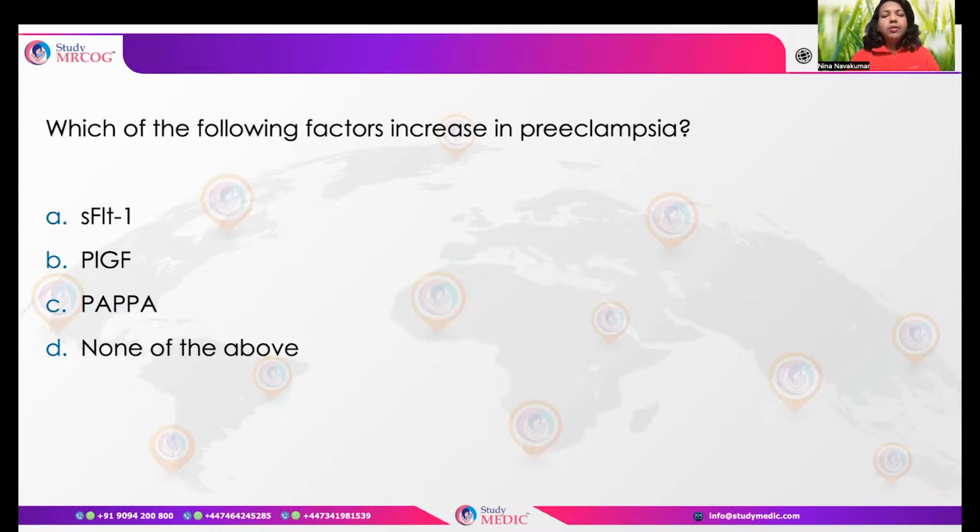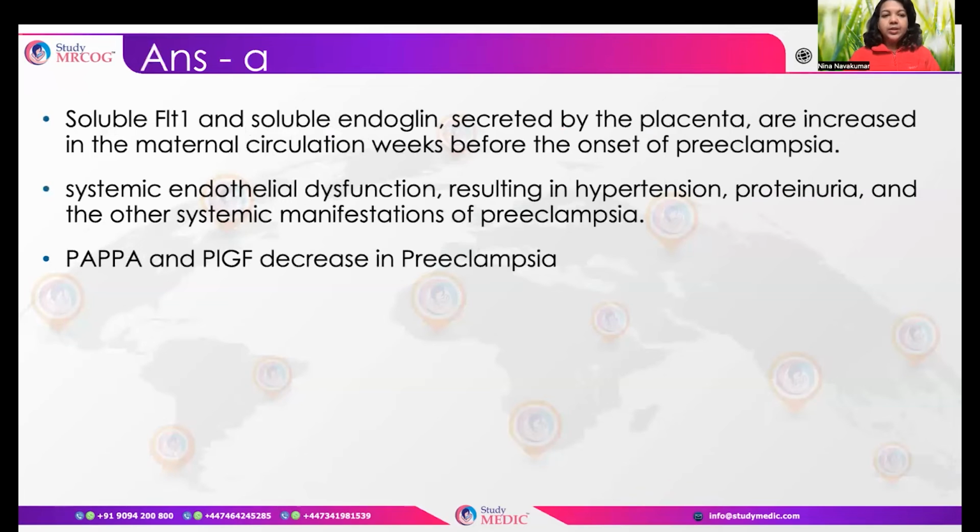Now, what are the factors which increase during preeclampsia? So the options are soluble FMS-like tyrosine kinase 1 factor, placental growth factor, PAPP-A, or none of the above. Of these options, the others are all angiogenic factors, and the answer is soluble FMS-like tyrosine kinase 1.